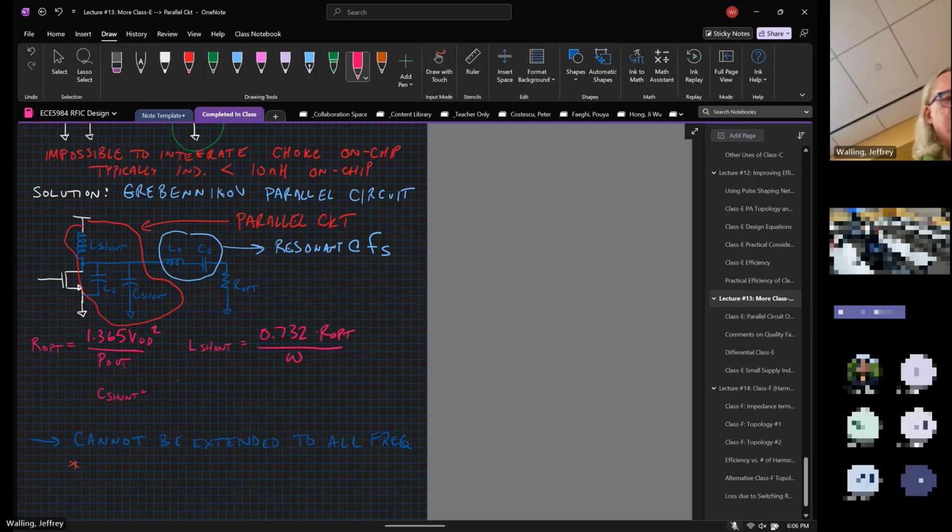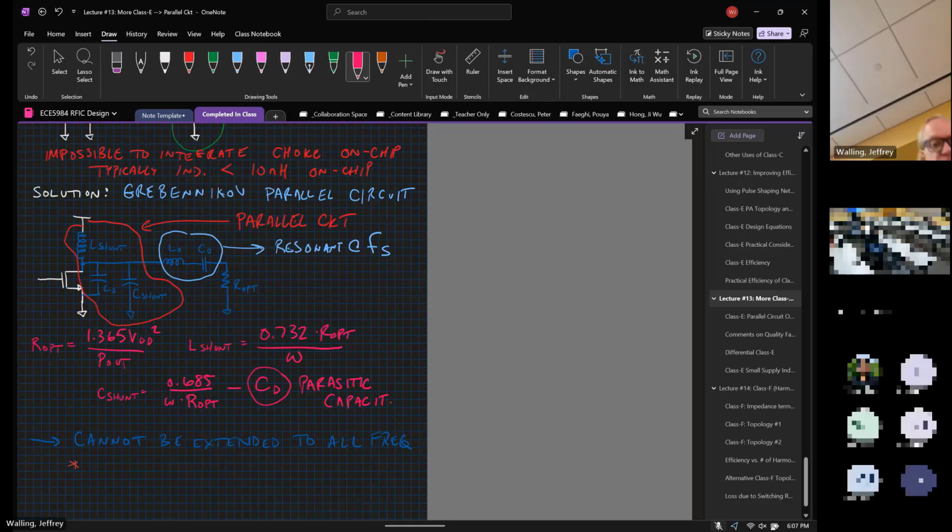And C shunt is equal to 0.685 over omega times R opt, minus whatever drain capacitance. This is the parasitic capacitance from the drain, just from the device itself.